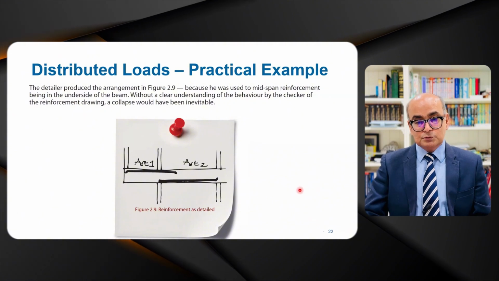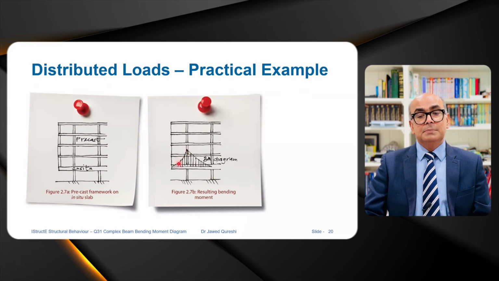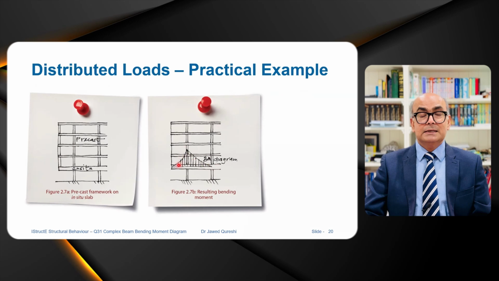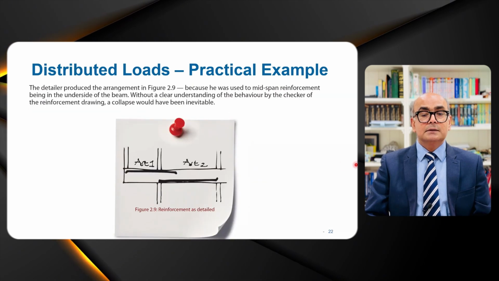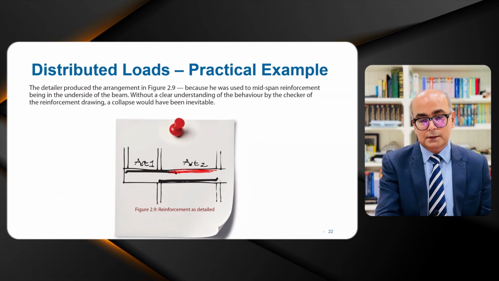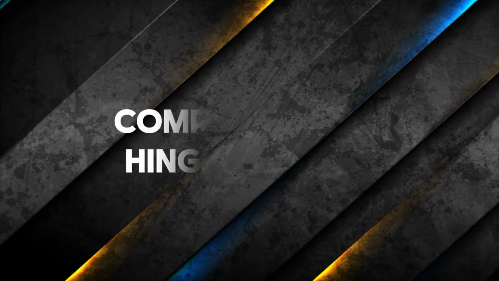So previously you saw that the bending moment developing over here is entirely negative. That means that all reinforcement should be provided over here, and this reinforcement is not necessary.